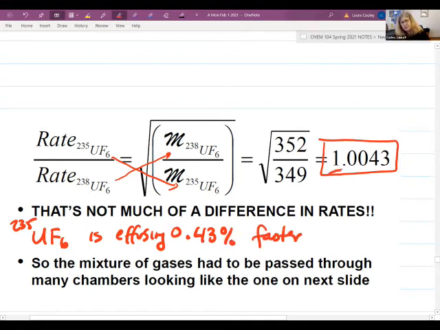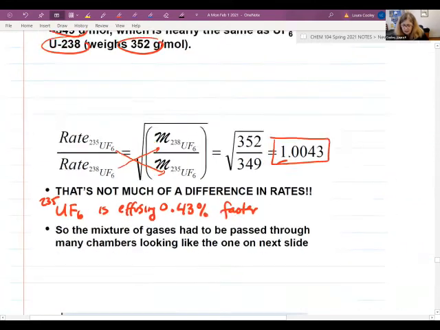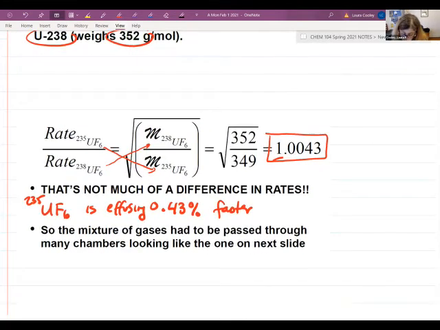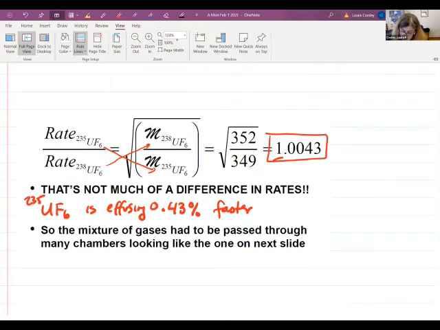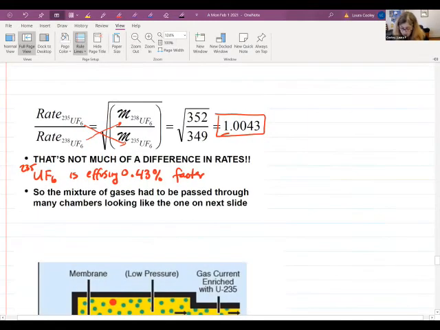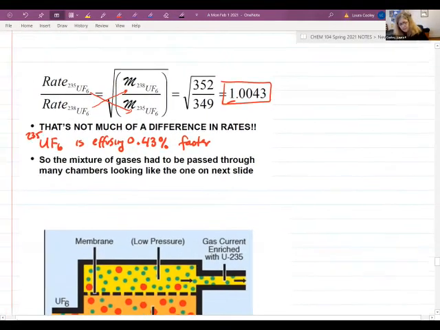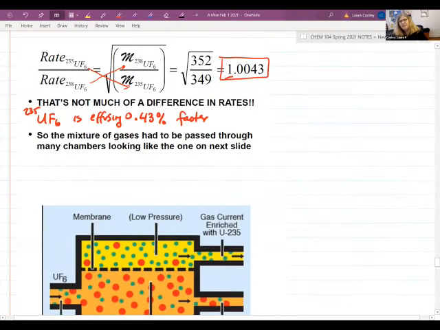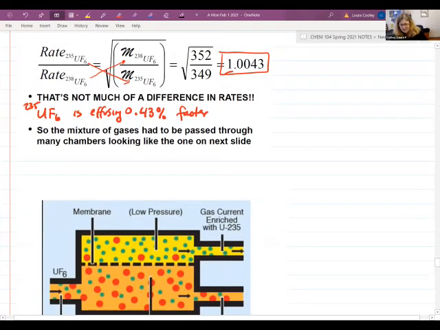If it was 1, it would be the same. It's a little bit faster, 0.0043 faster. That's 0.43% faster. So scientists were trying to figure out how to enrich enough uranium, and that's the kind of math that you're up against. You really can't change that, right?